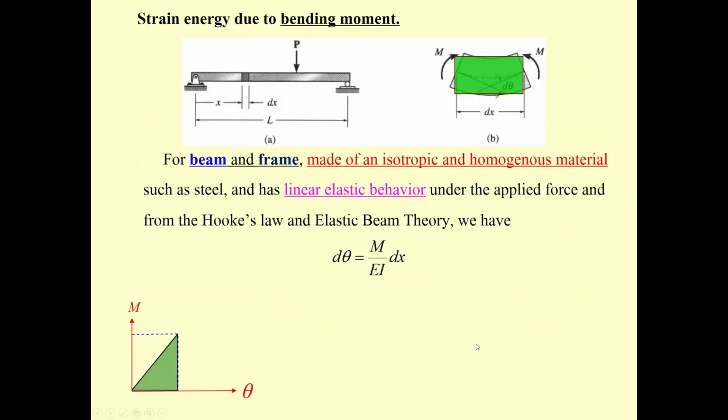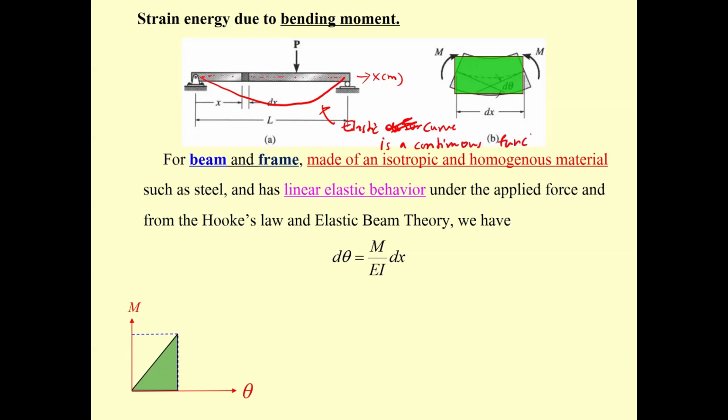Now, the beam is different from the truss because the beam is continuous, from the left to the right, and we call this x meter. Under the application of the force, this beam will have this kind of elastic deformation, or you should say the elastic curve of this one is a continuous function.